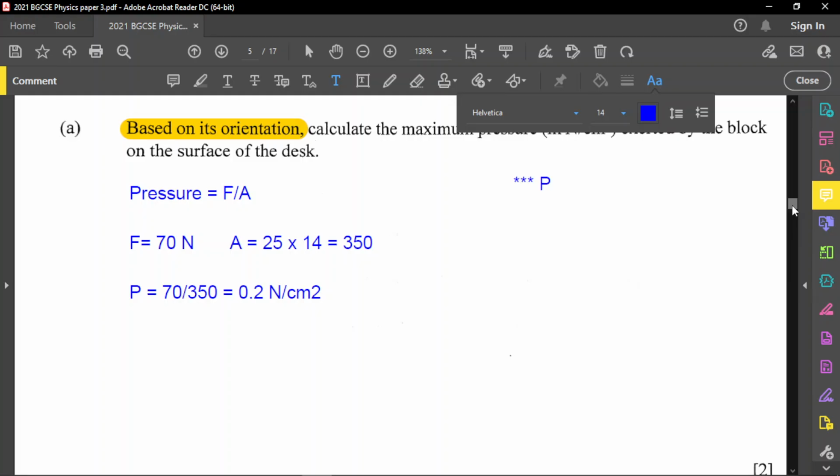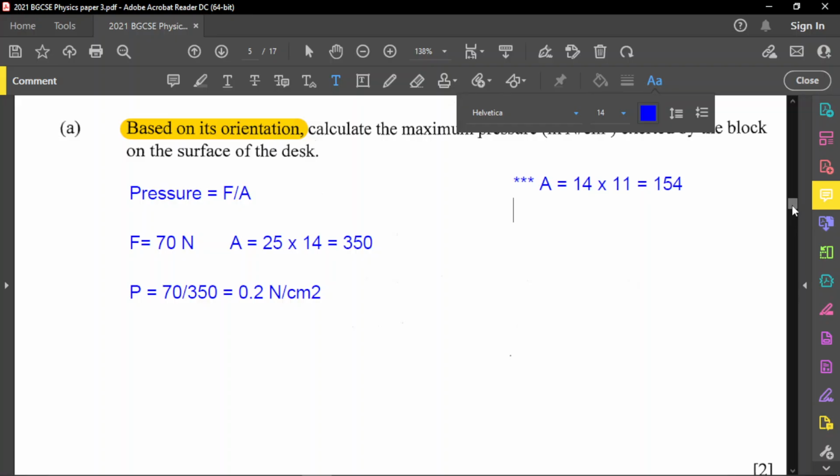So here now the pressure would have been equal to the force. Let me find the area first. Area would be equal to 14 multiplied by 11, which equals 154 centimeters square.